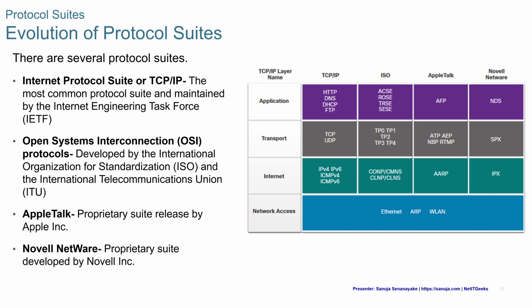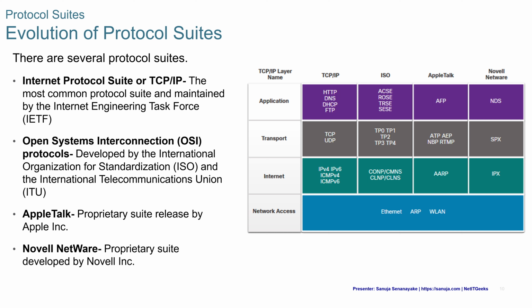The other one is Open Systems Interconnection, commonly known as the OSI model. It was developed by the International Organization for Standardization, also known as ISO, and the International Telecommunication Union, also commonly known as ITU.